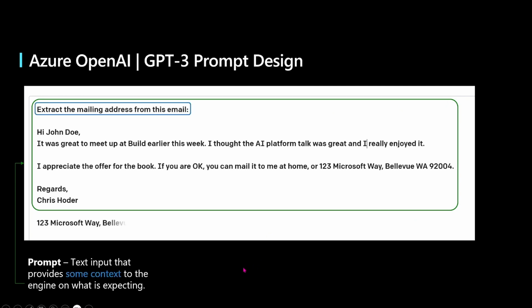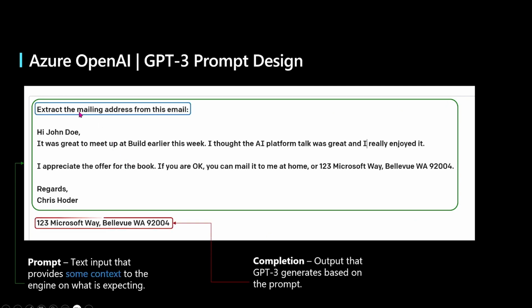And in the blue is the context. So we're providing instructions for the API on what to do. In this case, the instructions are to extract the mailing address from the email. And ultimately, based on this email and the context, which is in blue, the output is in red, which is the completion, the output that the GPT-3 or GPT-4 models generate.